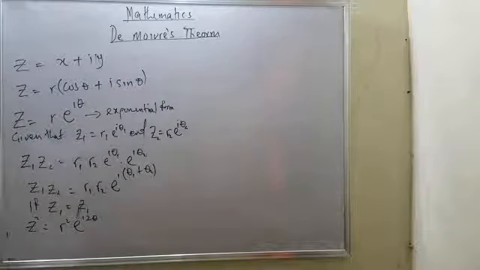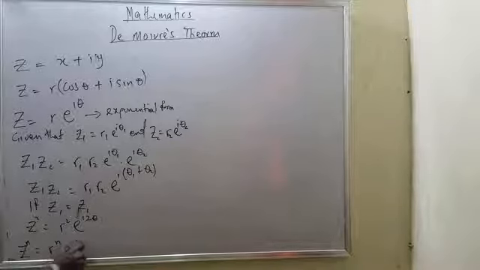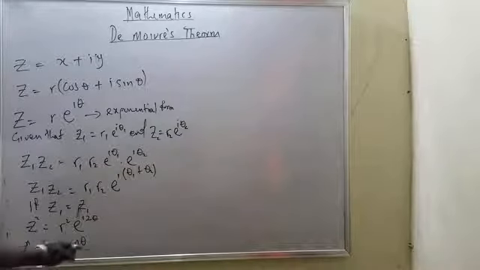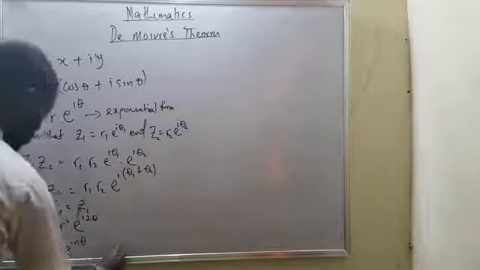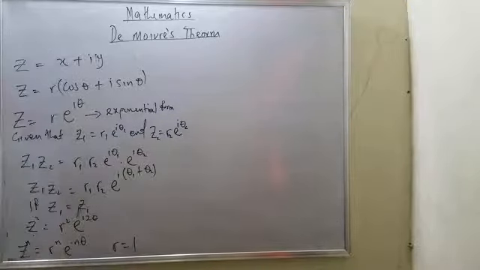Running this to n terms, my z to the n will be equal to r to the n e^(i n theta). My n is represented here. Now, my r, the radius, must be 1.